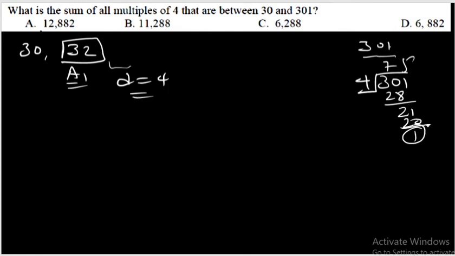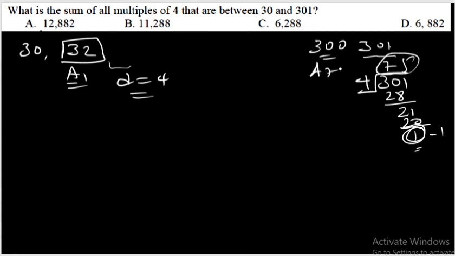To make it 0, either we subtract 1 or add 3. If you add 3, it will be 304, a multiple of 4, but we cannot go beyond 301, so minus 1. So the last term is 300.